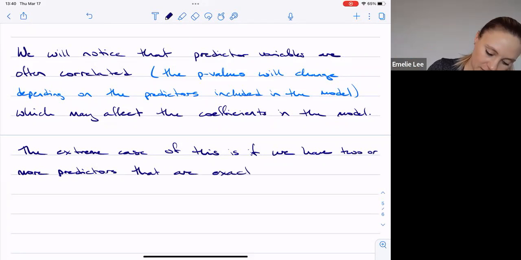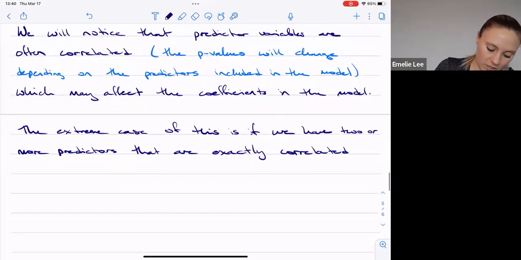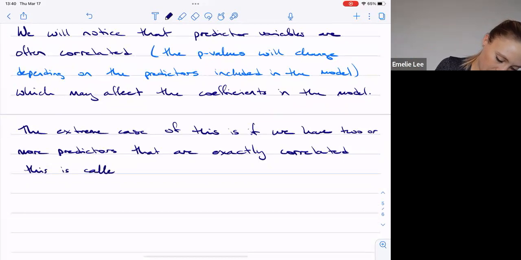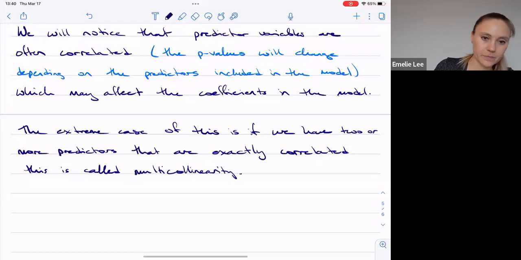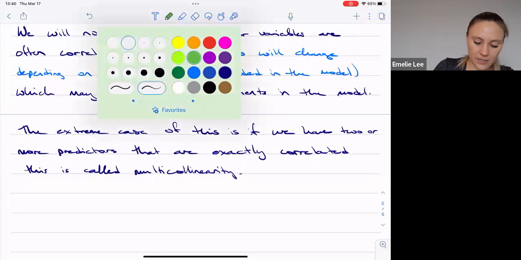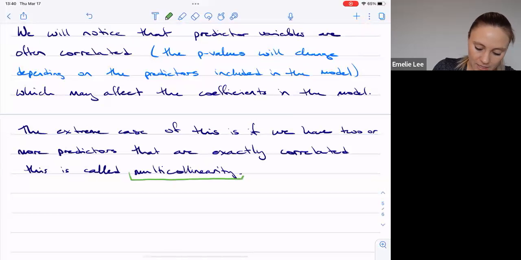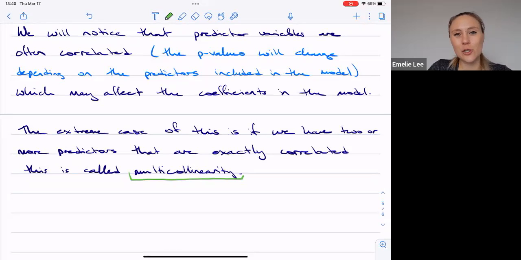This is called multicollinearity. Multicollinearity is basically two predictors that say the same thing.